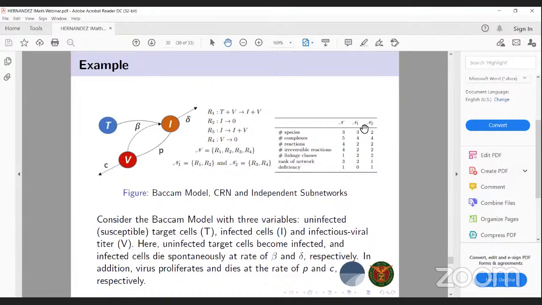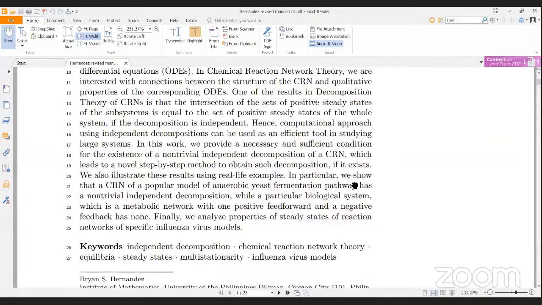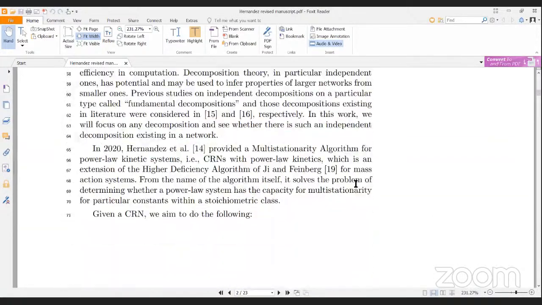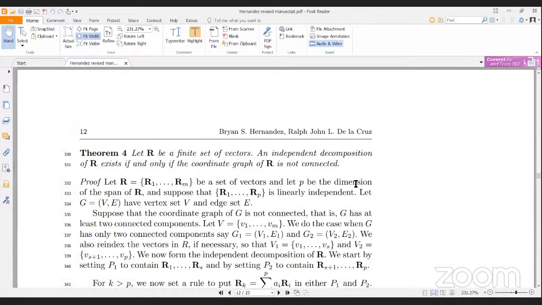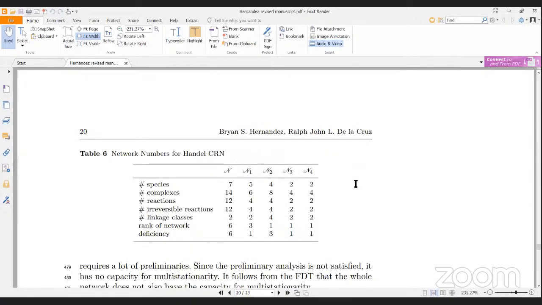Yeah. For example, ipakita ko na lang yung isa, yung sa paper na sinabit namin. Ito. Yeah.